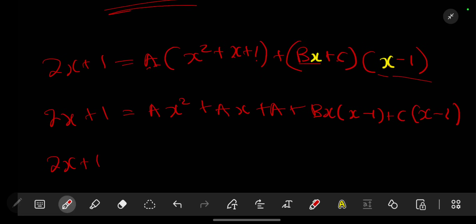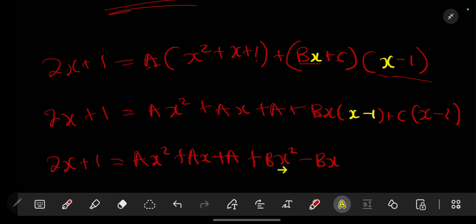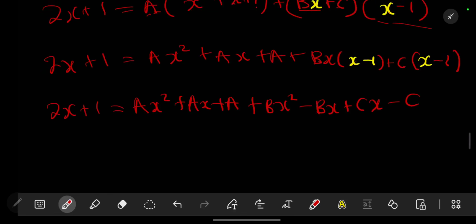So we have our 2x plus 1 should be equal to our ax squared plus our ax, plus our a, plus bx times x, so bx times x is going to give us our bx squared. Then bx times negative 1, it's going to give us negative bx. Then we have our c times x, it's going to give us cx. Then we have finally our c times negative 1, it's going to give us negative c.